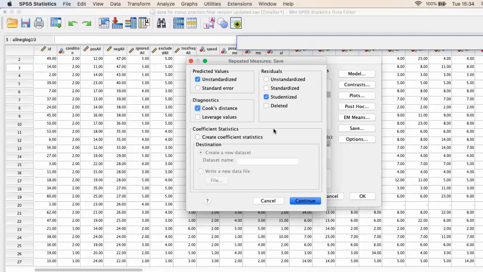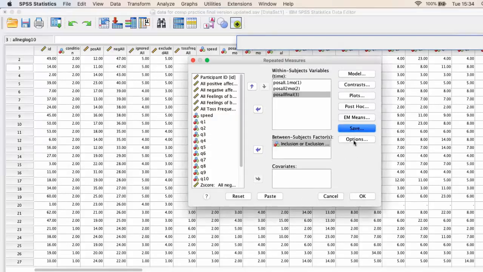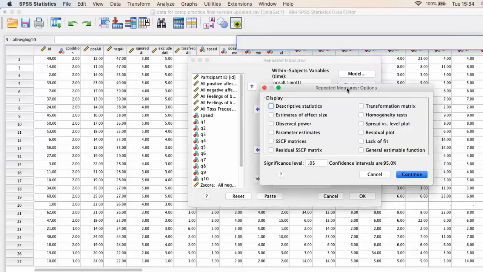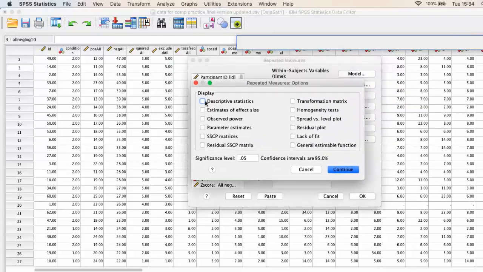That's an assumption that you could talk about. Options, this is a big one. You want to get your descriptives, your effect size so you can talk about that in your interpretation, and your observed power. You definitely want to make sure you don't miss your homogeneity test, so you can talk about those, and the residual plot, and that's it.